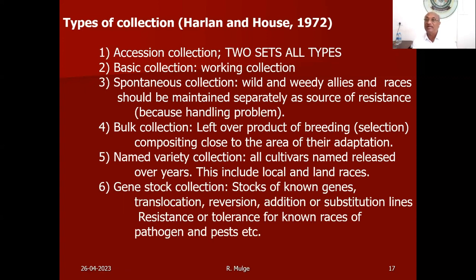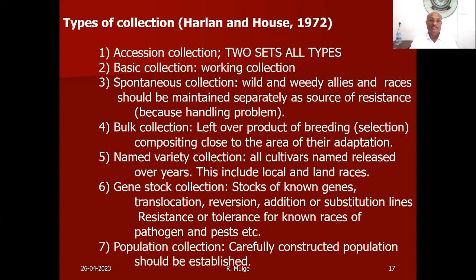But that particular genotype was observed, and you have to maintain it specially. So that is called the gene stock. All right, maybe the reversion, addition, substitution, and even resistance or tolerance to known races of pathogens or pests, etc. So gene stock collection is an accession having a known character.